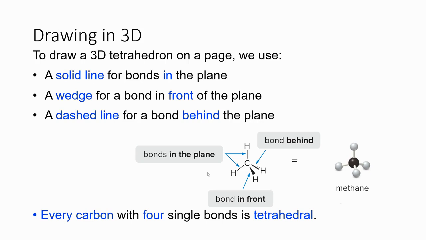So that's what they're trying to show here. They're saying these 2 are in the plane, and then you have one that points out, they use the wedge, and one that points back, that's the hash line, the dash line. Does that make sense? So if you see that, that's what they're trying to show. Every carbon with 4 bonds will be tetrahedral like this. Okay. All right.